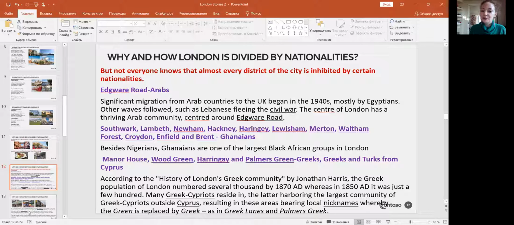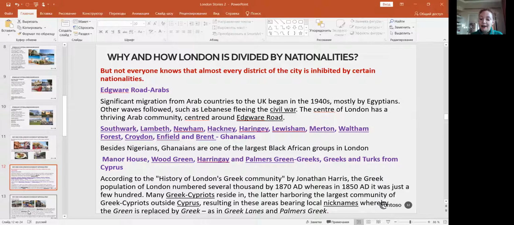Manor House, Wood Green, Haringey, Palmers Green: basically these are areas that are situated very close to each other. They're inhabited by Greeks, mainly Greeks and Turks from Cyprus. According to the History of London's Greek Community by Jonathan Harris, the Greek population of London numbered several thousand by the 1870s AD, whereas in the 1850s AD it was just a few hundred.